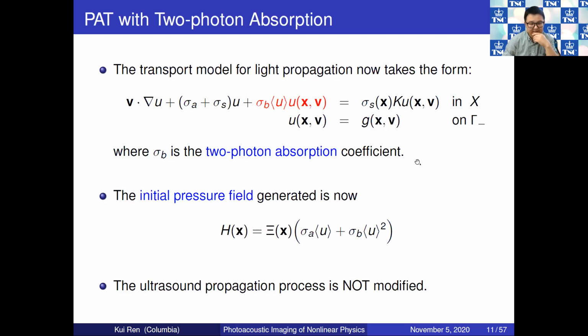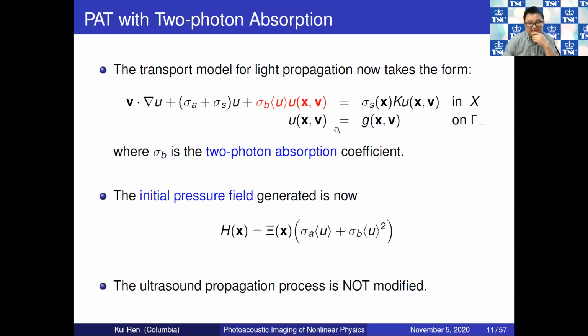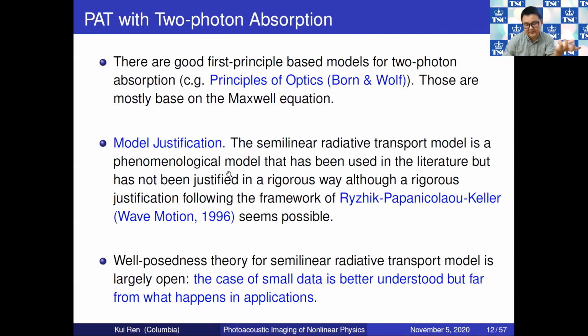That is not completely clear. So again, this Maxwell type of model, or the classical ones that people in physics use. So the first question, from a mathematical modeling point of view, is why this model makes sense. I don't know. Actually, I think there's a way to justify that.